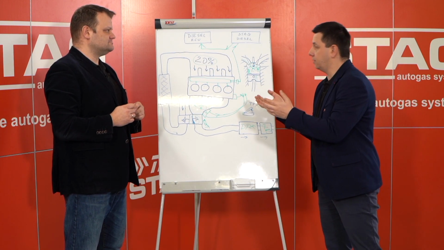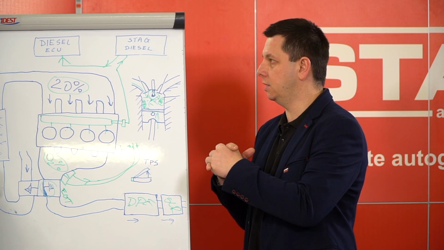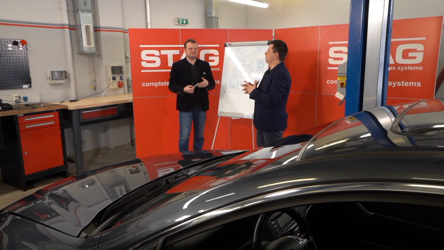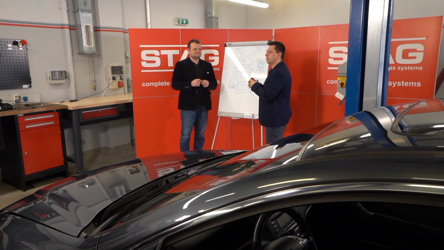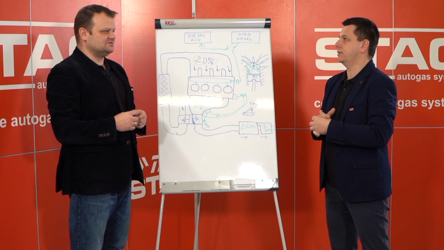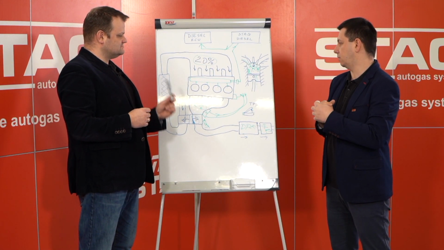The conclusion is that with less diesel pressure, the dosage of the diesel is lower. So we have savings in the diesel consumption. This is one of the sensors that we can connect.